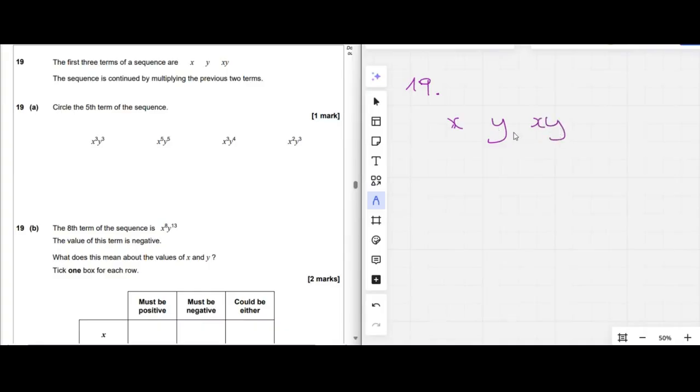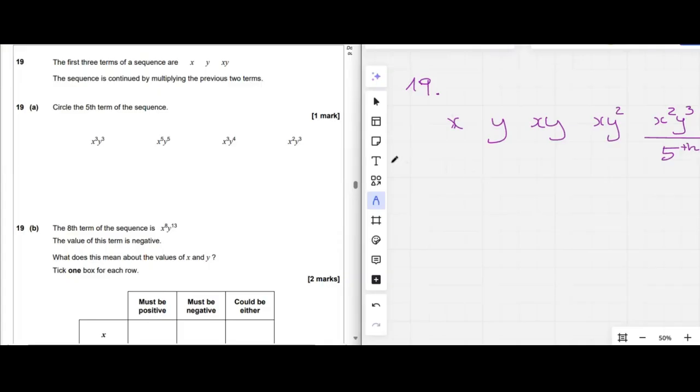If we multiply this, it will be xy squared. Then again, if we multiply this, it will be x squared y cubed. And this is 1, 2, 3, 4, 5. Yeah, this is the fifth term, x squared y cubed. Yeah, there is an answer.